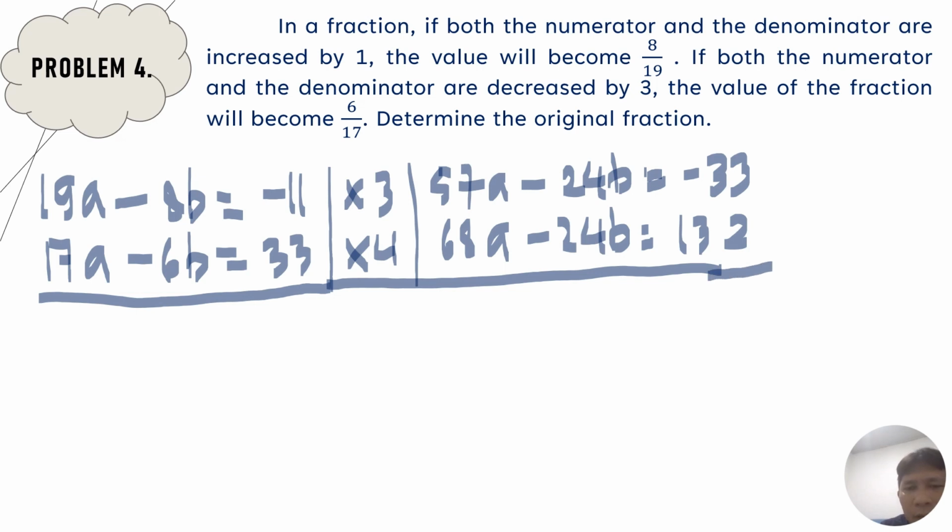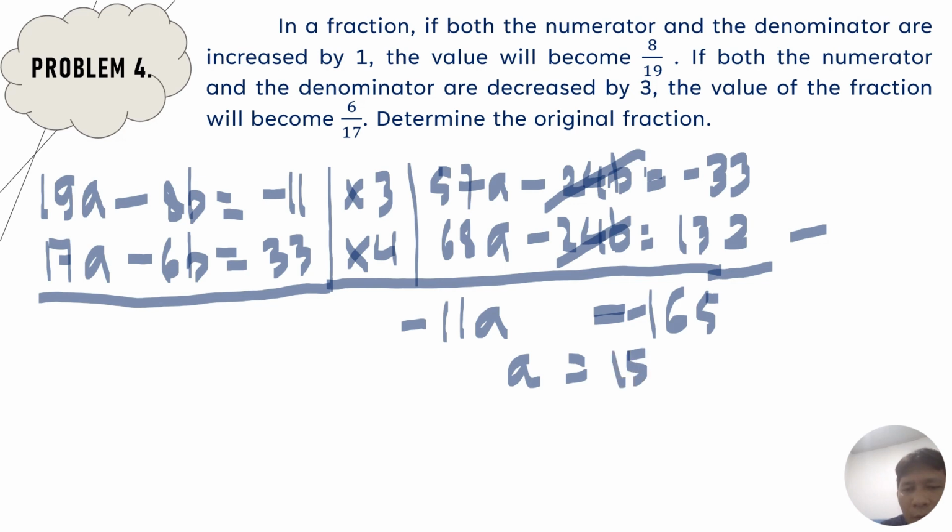Then we're going to use a negative to cancel this one. So here we have 57 minus 68, so minus 11A equals minus 165, okay, so A equals 15, because 165 divided by 11 equals 15.